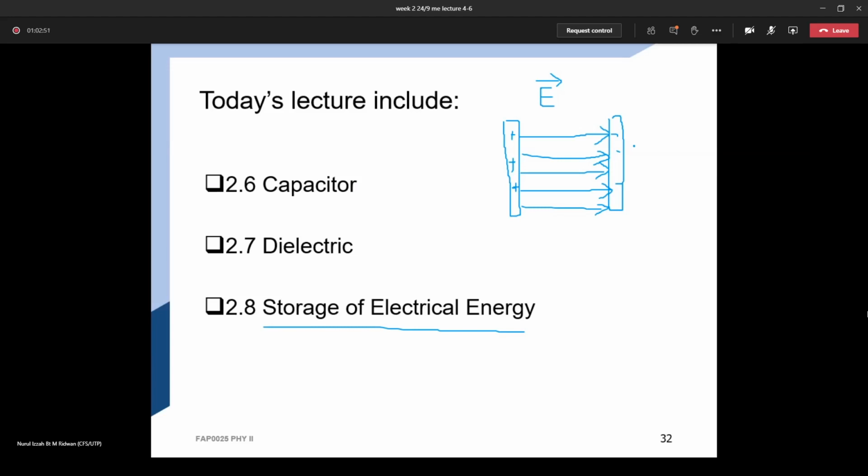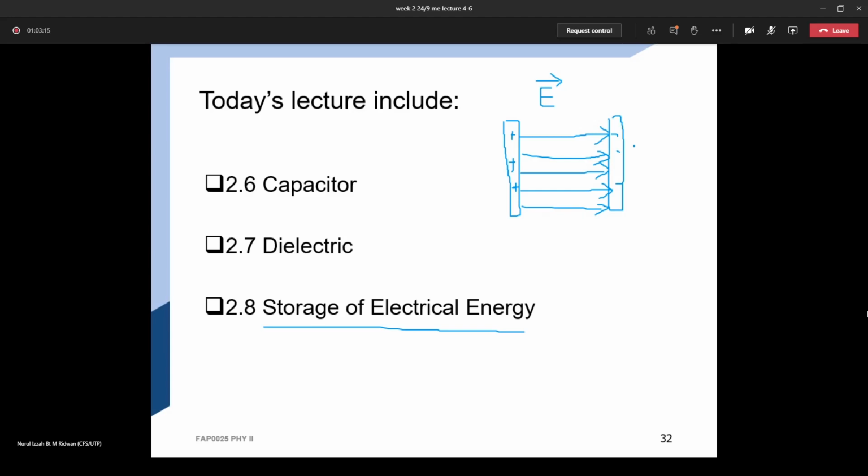If you don't have any capacitor, you just switch on the circuit. It will take some time for the fan to rotate, because the circuit might need to wait for a while for the current to be stable, then it will rotate the fan.